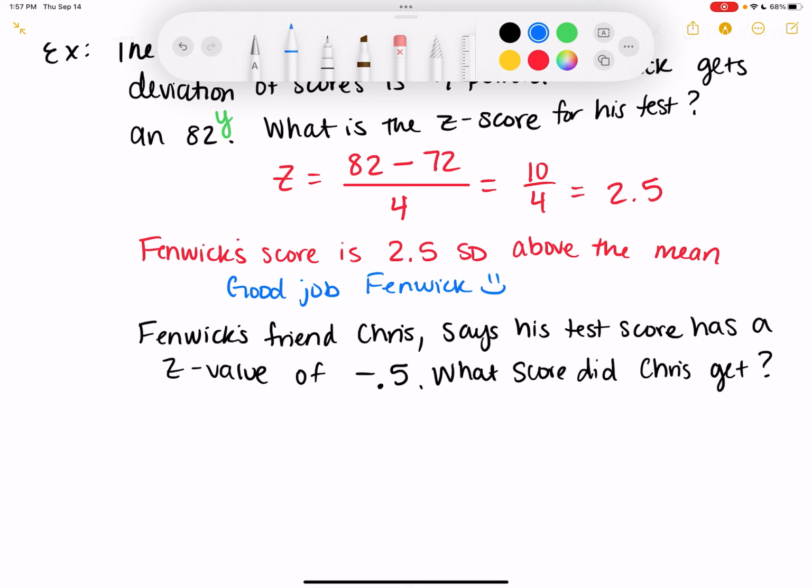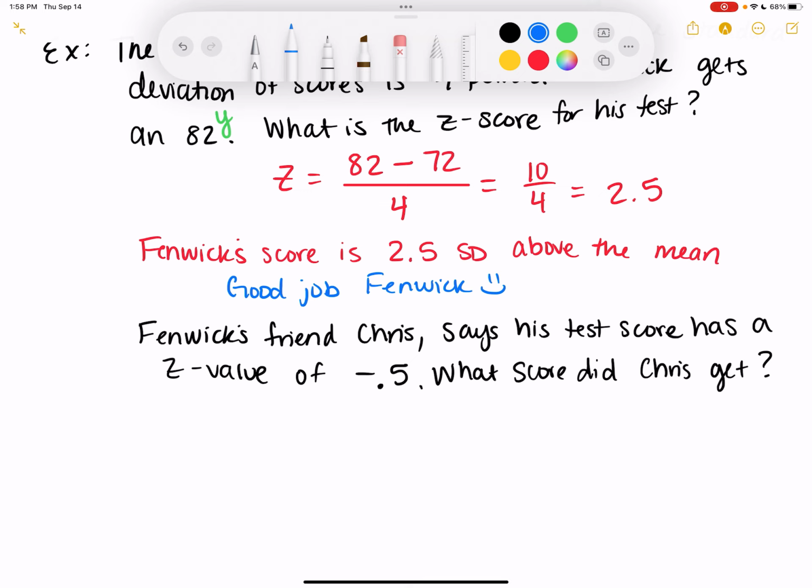So we know what the mean of the scores was. If I tell you the mean, you would know. So we're trying to find y now for Chris. Okay, we're trying to find what his actual score was. So we basically take the formula and we manipulate it.